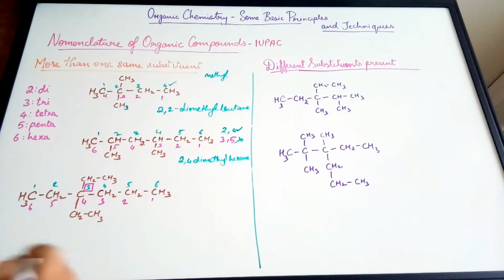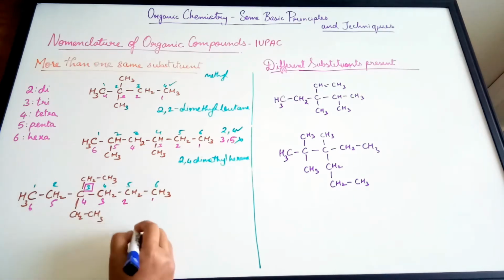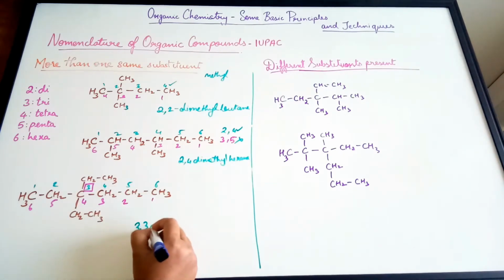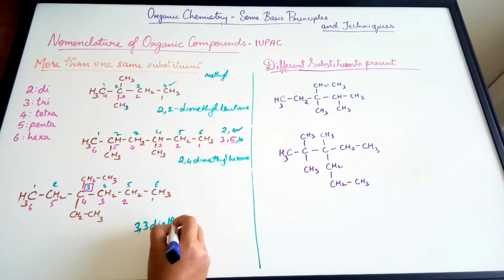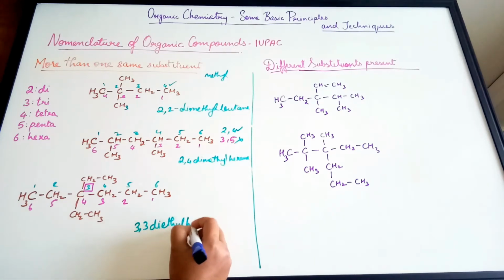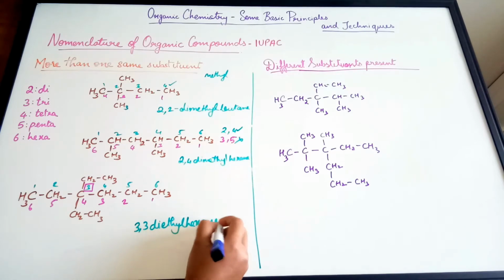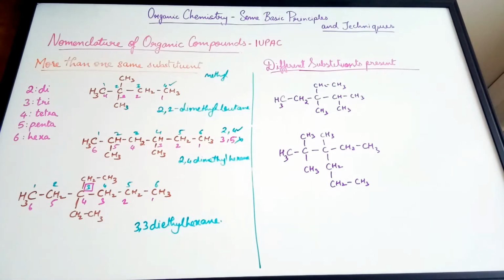So we will have to write it as 3,3-diethylhexane. So here in this part, what we had is more than one of the same substituent, and their number is denoted by using di, tri, tetra, penta, hexa, etc. And the numbering is done based on whatever rules we have learned up until now.